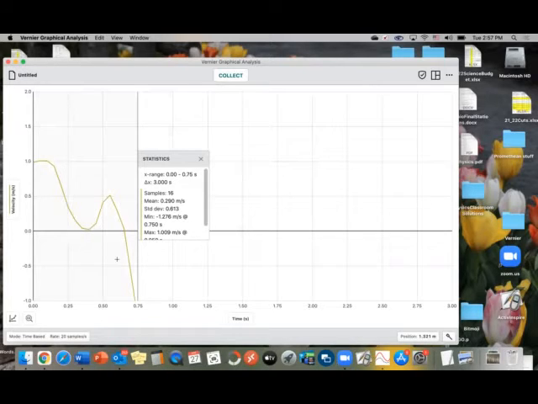So that's trial 2 for 40 centimeters in table 1. And the distance that the notebook moved was 16 centimeters.